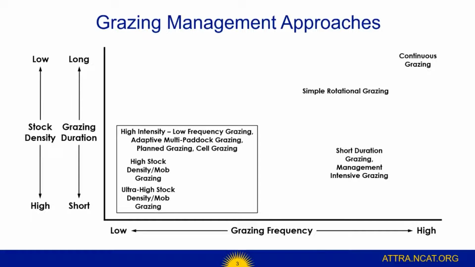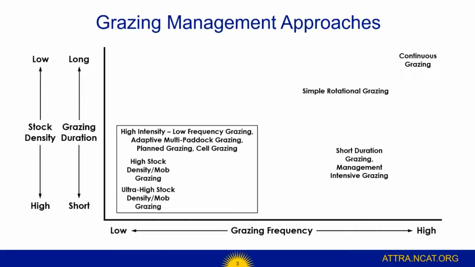What I wanted to lead off with is something that should look fairly familiar to those of you who have been with us from the very beginning, or have seen at least sessions 1 and 2. I created this graph that places what we would call common or fairly typical grazing management approaches in relationship to each other.